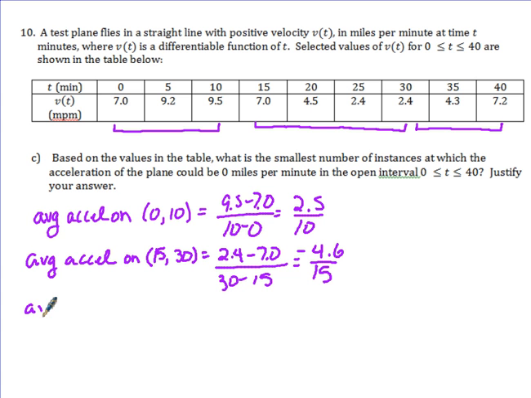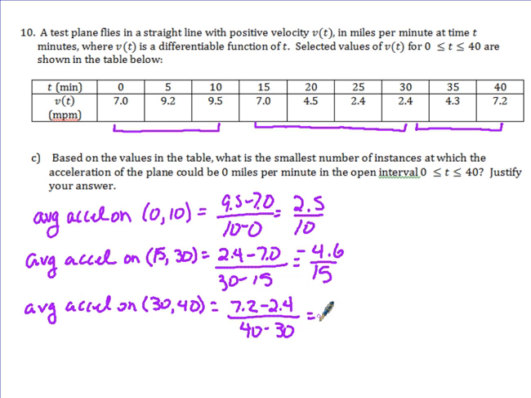And then on our final interval, average acceleration on 30 to 40, we can do the formula 7.2 minus 2.4 over 40 minus 30, which gives me 4.8 over 10. So we're showing a sign change here and a sign change here.